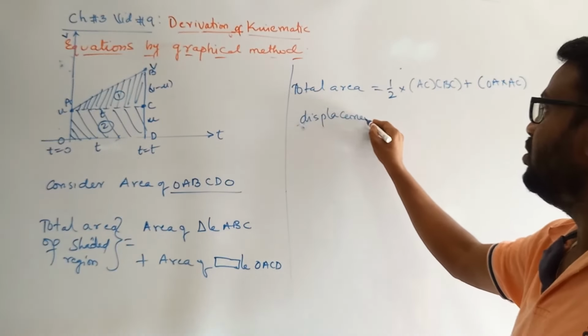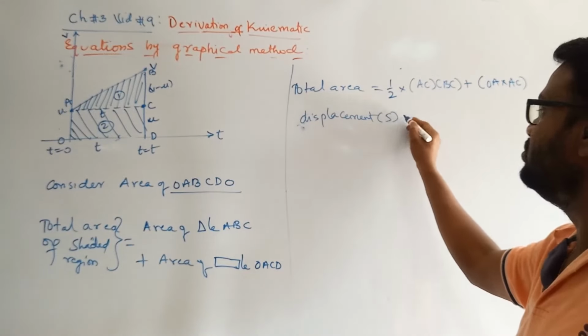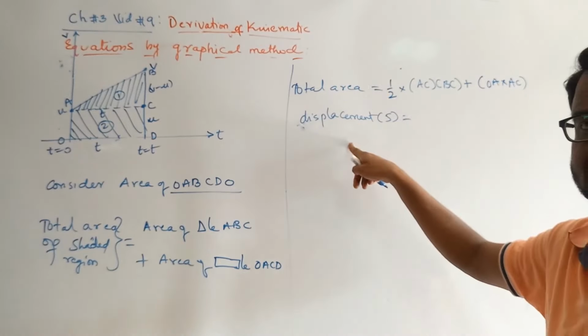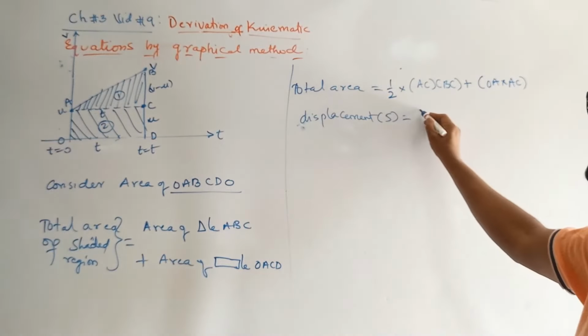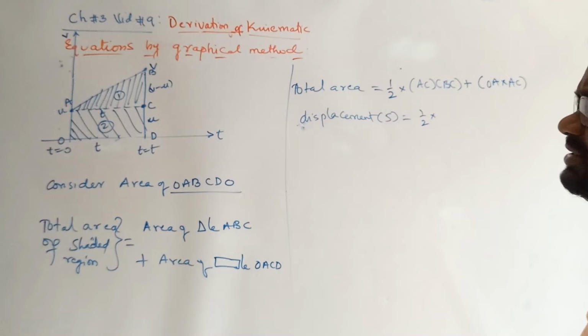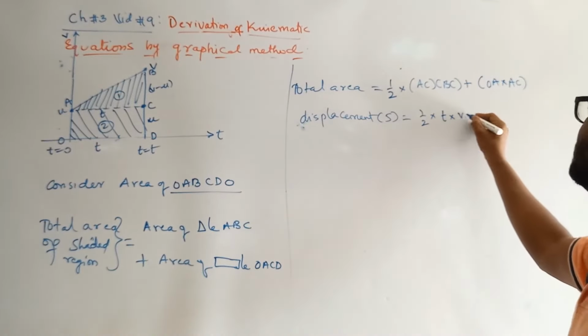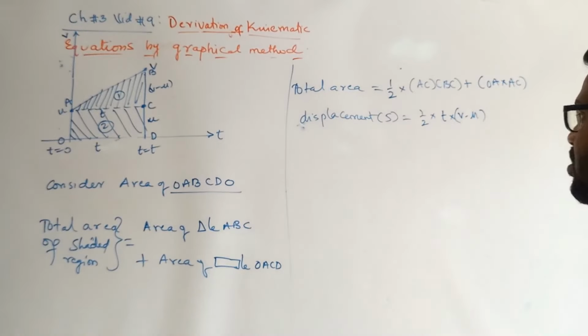The total area of the v-t graph gives rise to displacement S. You have seen the properties of this. This is equal to half into base, time t, into BC, which is v minus u, plus OA into AC.